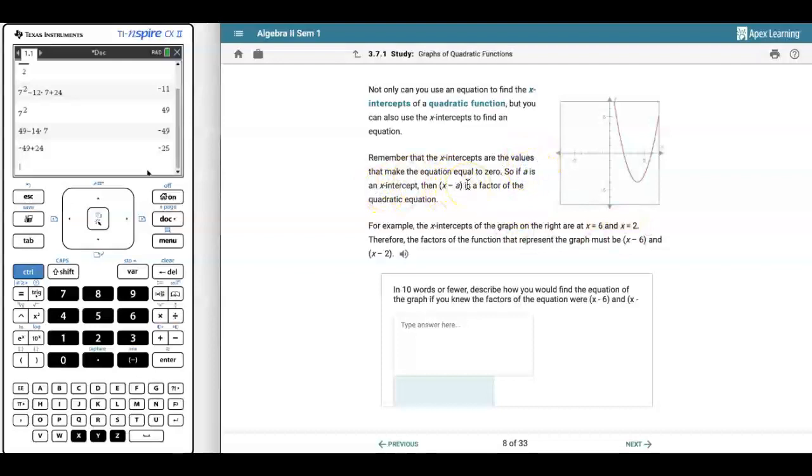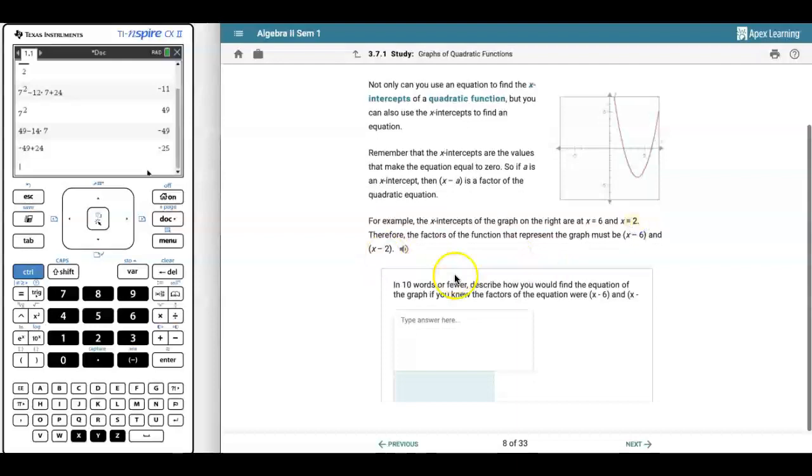When we're working in the forward direction, we set this factor equal to 0 and solve. So to undo that process, we now have to move our a values back to the other side. So I end up with x minus 6 because I'm going to subtract 6 from both sides, and x minus 2 because I'm going to subtract 2 from both sides.